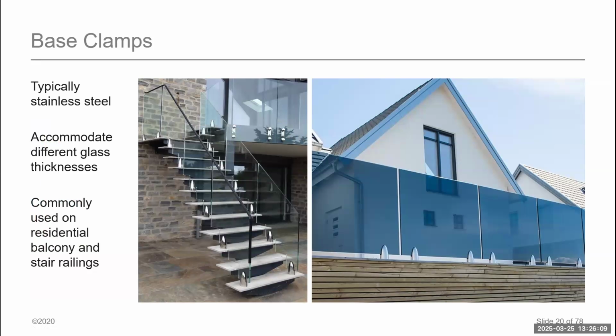You create resistance from any young individuals getting into the pool itself, and you have those gate requirements, and then you don't have guardrail requirements. And so that's when we will commonly see base clamps used. They're more used in lighter use cases: interior residential is typically when we will see them, or exterior when they are used as glass barriers.